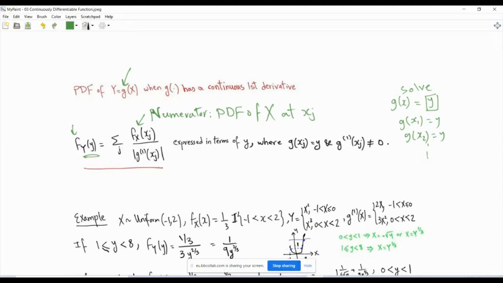What about the denominator? The denominator is the absolute value. Okay, so this is absolute value. You cannot put something negative here.